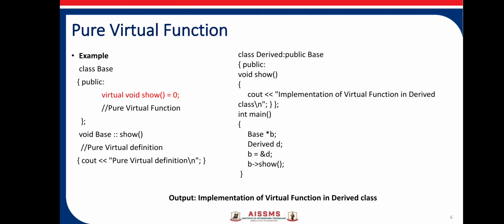Then we create an object for the derived class. After that, we assign the address of the derived class object to the base class pointer, and through that we call the pure virtual function, that is nothing but show.